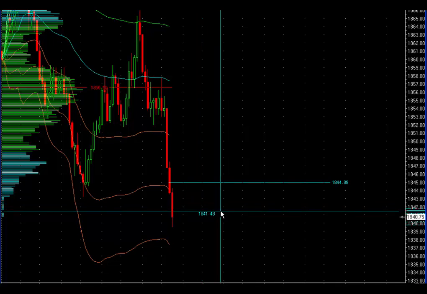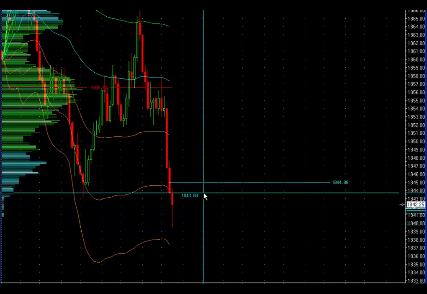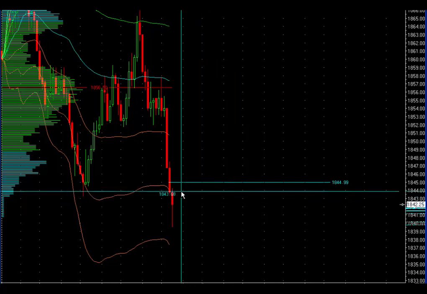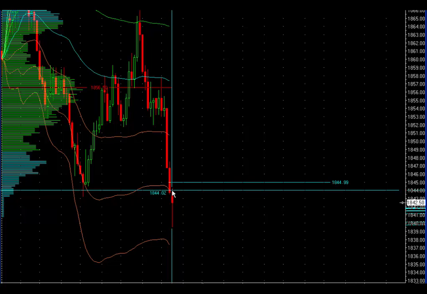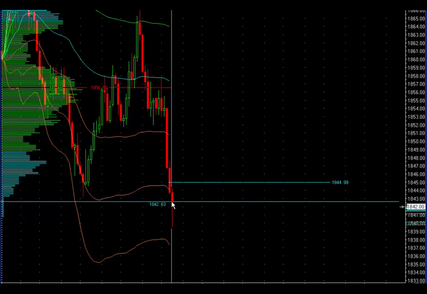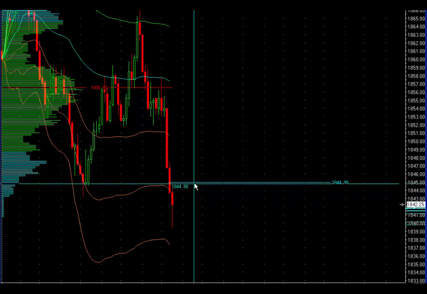So possibly there might be a counter trend trade that we could take to the upside here. Remember, we're looking for a counter trend trade, an up bar that will exceed this down bar.